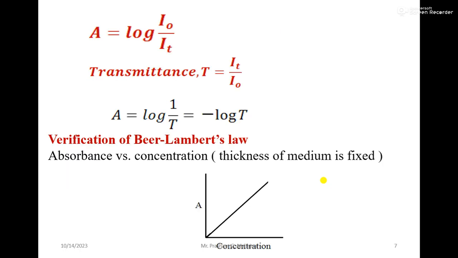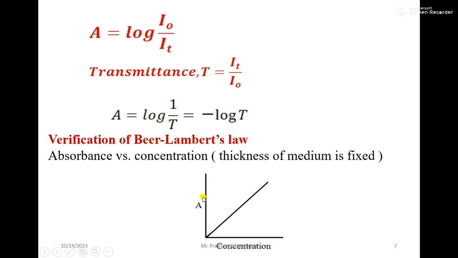The next term is transmittance. Absorbance is directly proportional to minus log of T. That means A is equal to log of 1 upon T. As absorbance increases, the transmittance of the solution decreases.